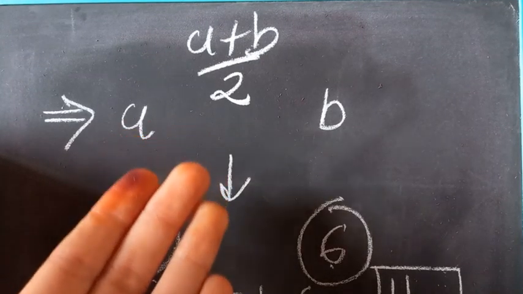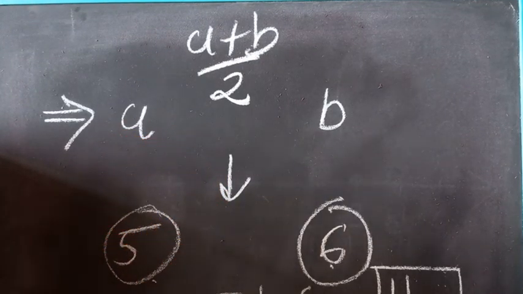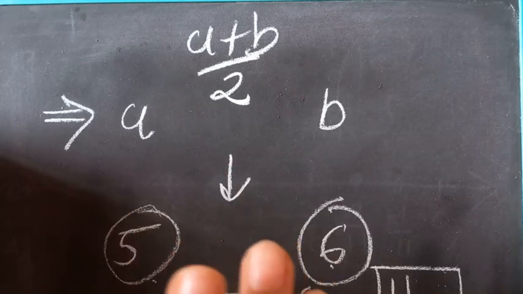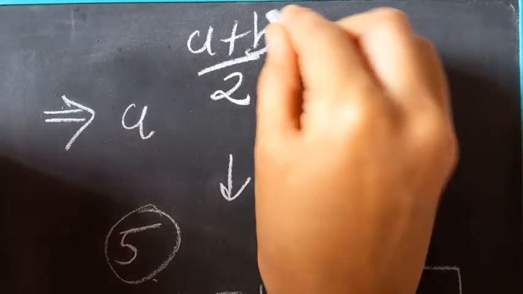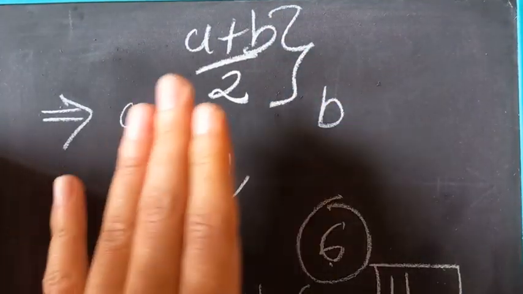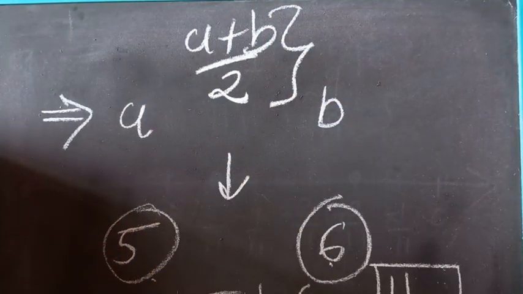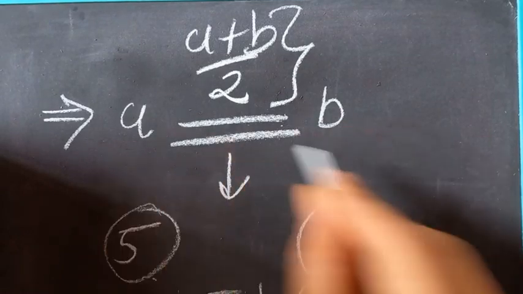More than (a + b)/2, there are more rational numbers between a and b. But if you are asked to write any rational number between a and b, then you can quickly find it by this method, (a + b)/2. So this is one rational number between a and b.